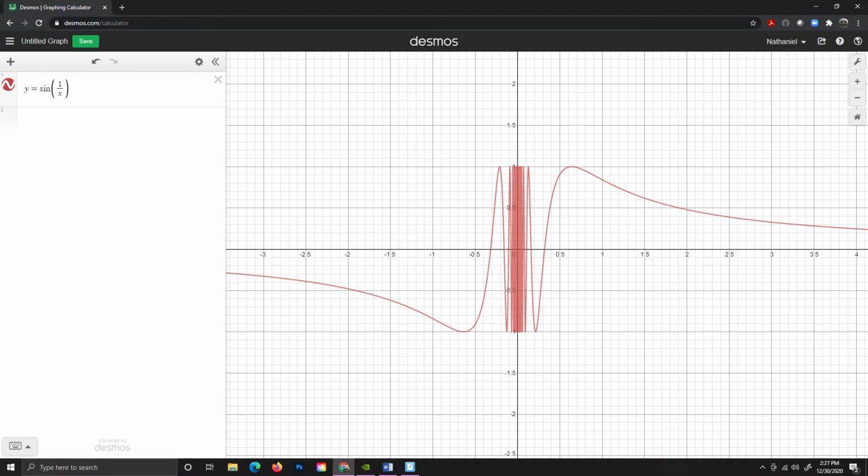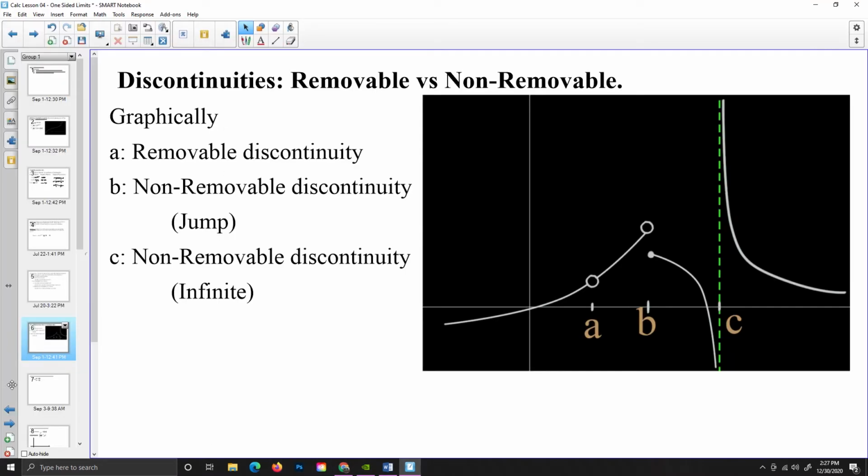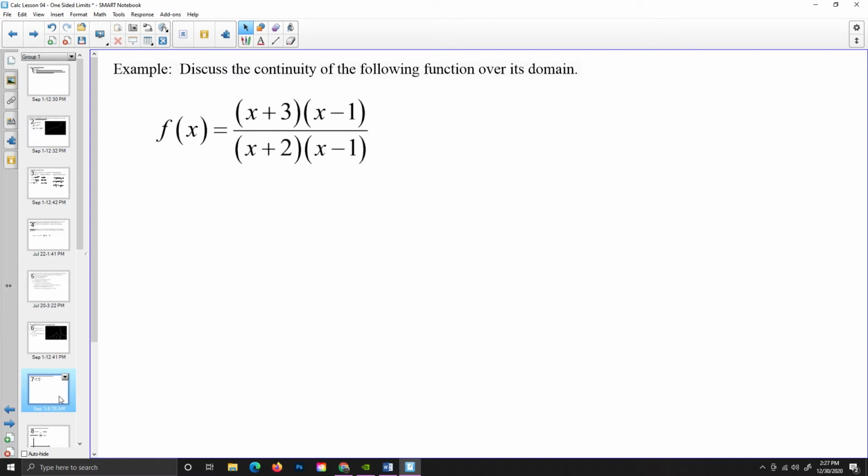So, another example. Alright, so let's discuss the continuity of the following function over its domain. If we look at this function, we can see that there are potentially two discontinuities.